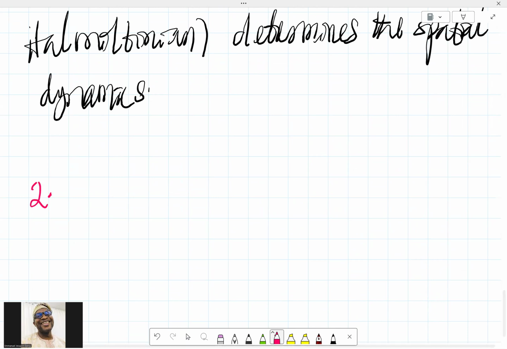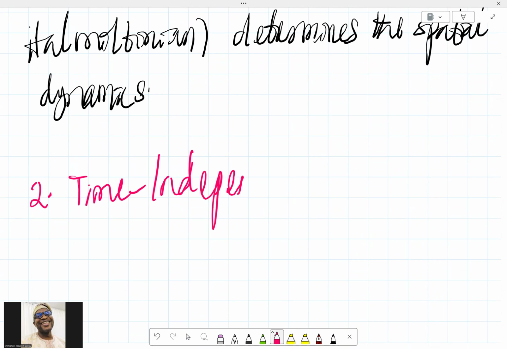The second one, number 2, we have the time-independent Schrödinger equation.